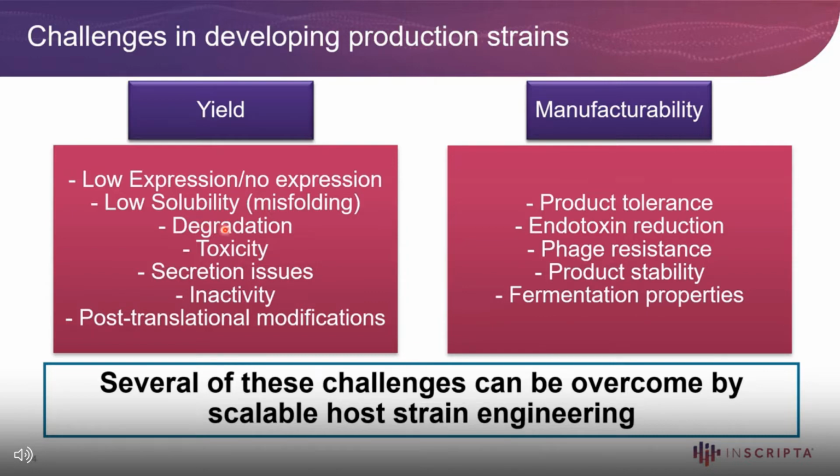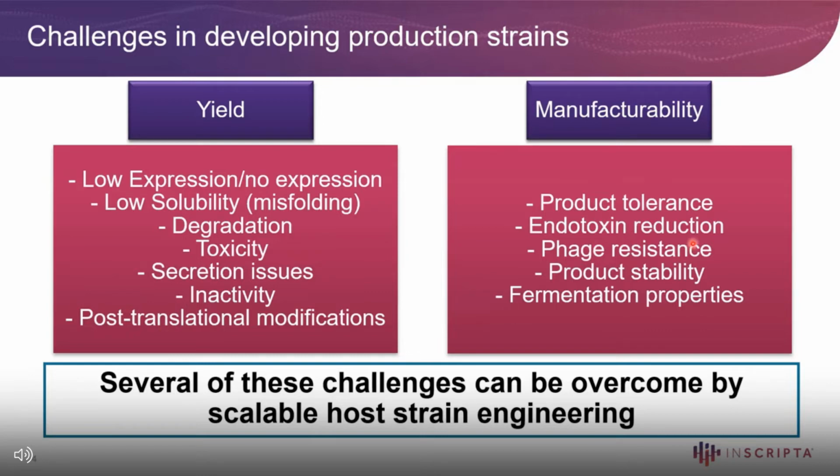The protein or small molecule could have some toxicity towards the production host. You can have secretion issues if the protein is being secreted from the organism, so it can get tied up in the secretion pathway. You can have inactivity of the enzyme, potentially due to post-translational modifications that might be important for the overall activity.